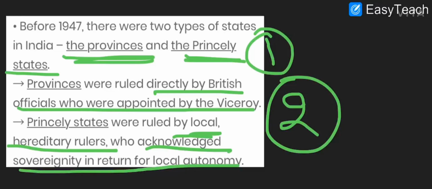They were given their local autonomy in return. Okay, those who accepted the Britishers' control, the Britishers left them. Okay, you have a rule on your place, but you will be under our control. And provinces they ruled directly. Two marks question. I've already marked it down.